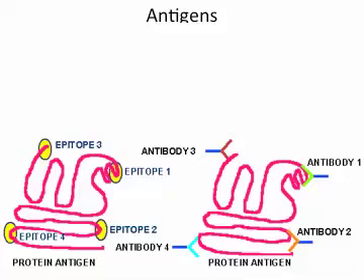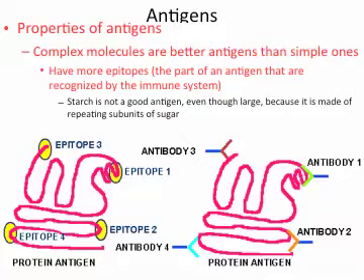So there's epitope 1, 2, 3, and 4 on this protein. And then if you look at the right-hand side of the screen, you can see that antibody 1, the Y-shaped molecule, is binding epitope 1. Antibody 2 is binding epitope 2. And antibody 3 and 4 are binding epitopes 3 and 4 respectively.